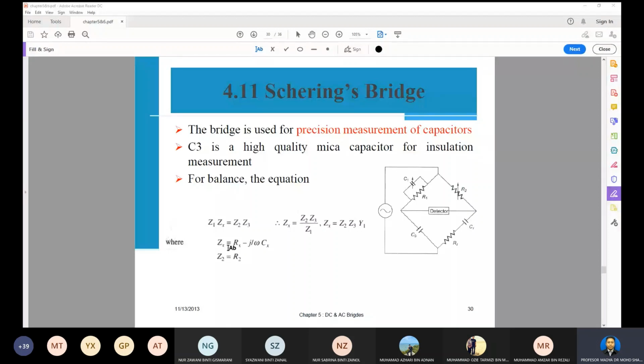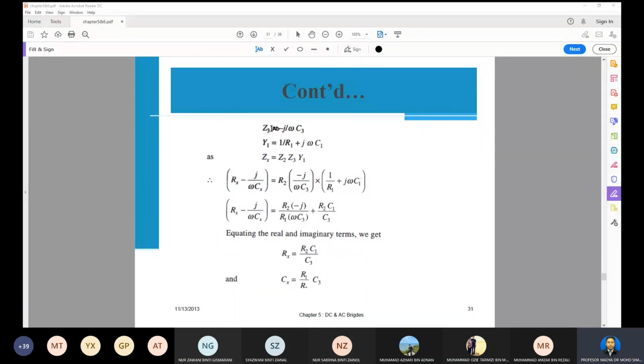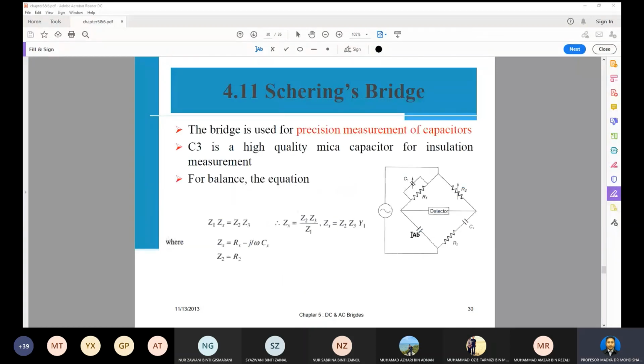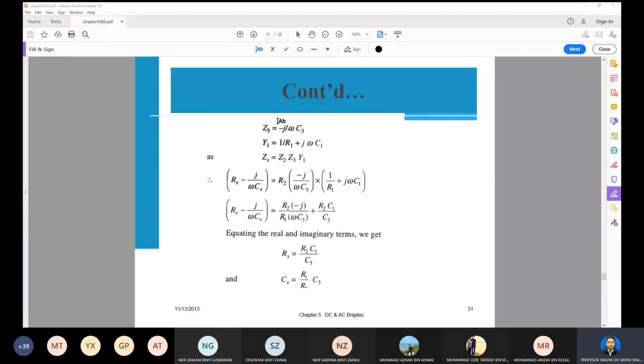For example, Zx equals Rx minus j over omega Cx, and Z2 is equal to R2. Z3 has only the imaginary part, because there is no resistor in Z3, only capacitance or inductance. For this one they use the capacitance, so the formula will be j over omega C3.